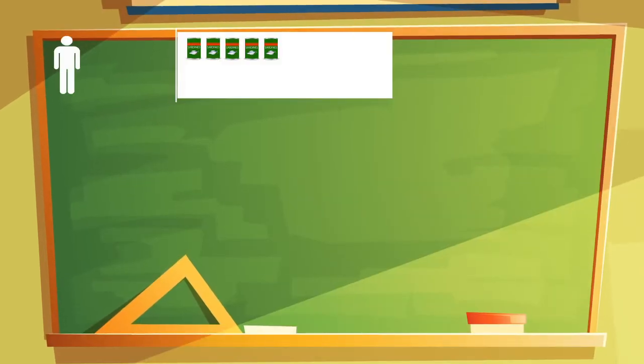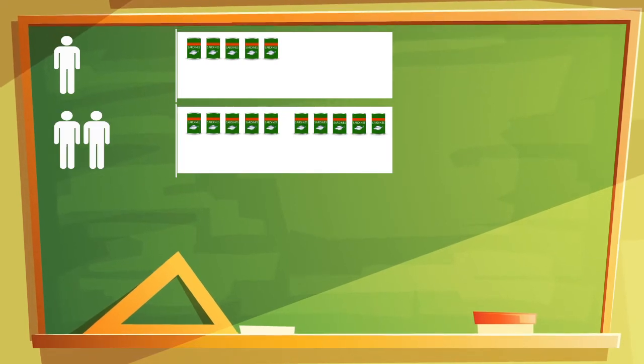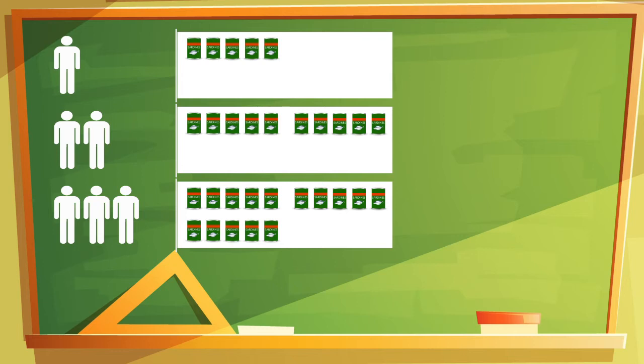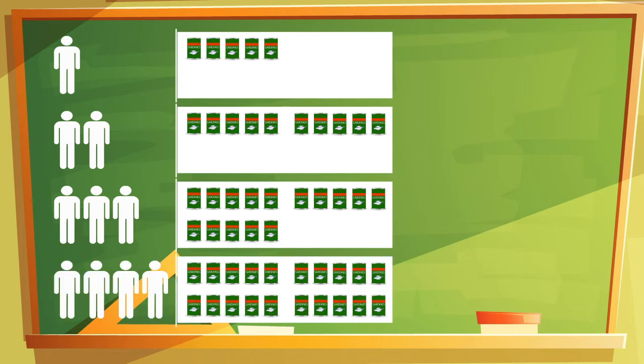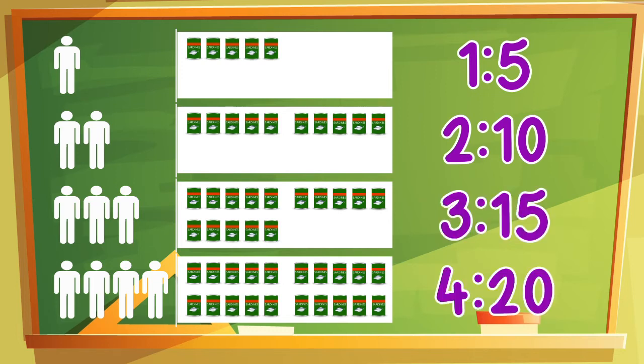So if 1 person receives 5 cans of sardines, then 2 persons is to 10 cans of sardines, 3 is to 15, and 4 persons receive 20 cans of sardines. The ratios are 1:5, 2:10, 3:15, and 4:20.